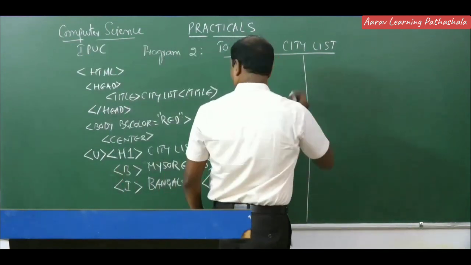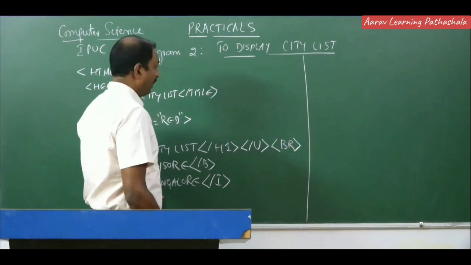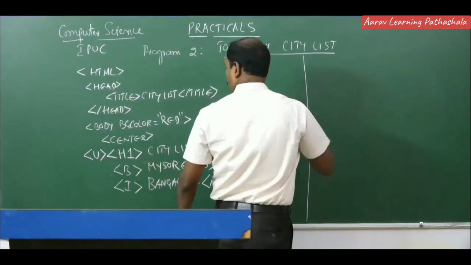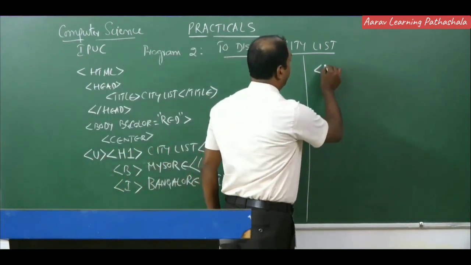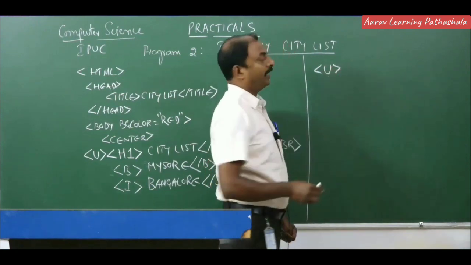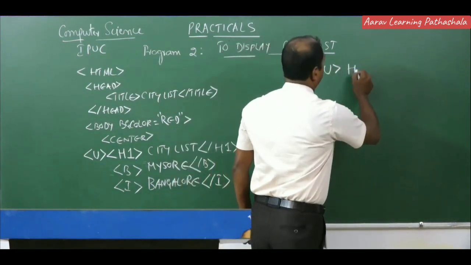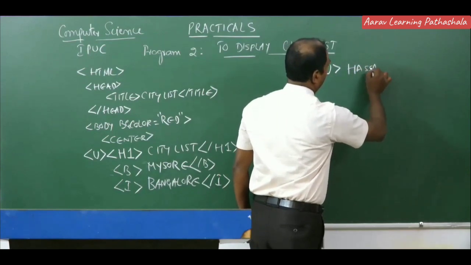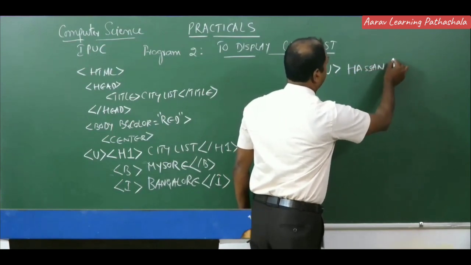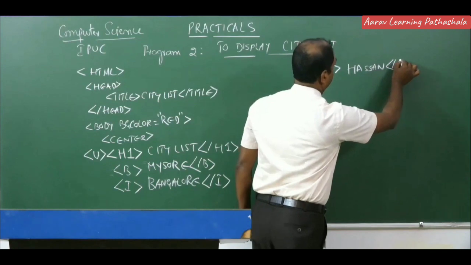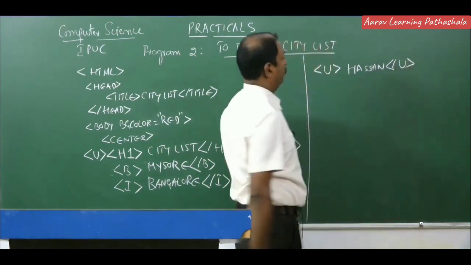After this, we have to display one more city name. I will start with the underline tag, U, and here say Hassan. I am closing this with U.